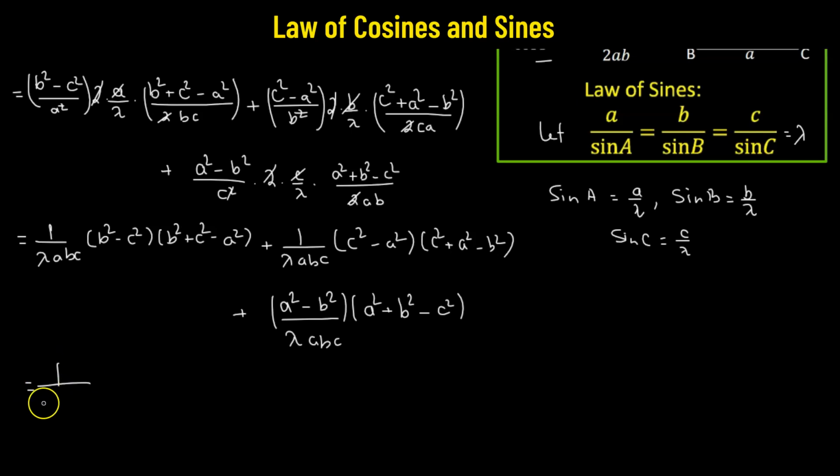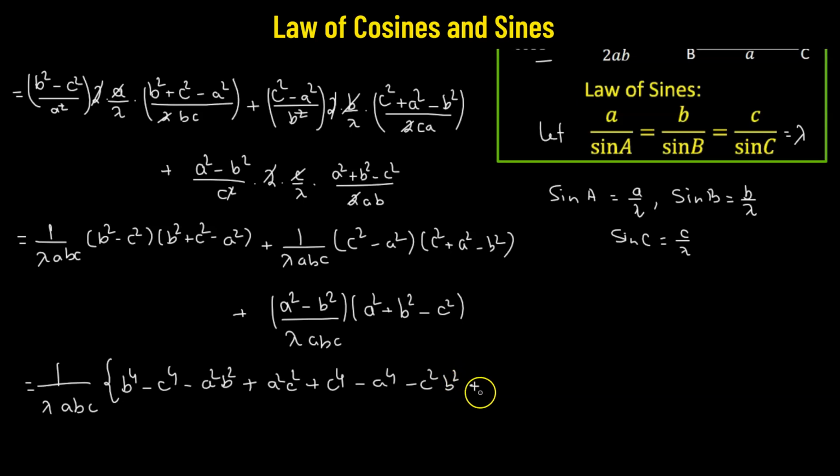So we have 1 over lambda times abc, which we're going to take as a common factor, and we're going to multiply each of the expressions. This now gives us b to the power of 4 minus c to the power of 4 minus a squared b squared plus a squared c squared, plus c to the power of 4 minus a to the power of 4 minus c squared b squared plus a squared b squared, plus a to the power of 4 minus b to the power of 4 minus a squared c squared, and one more term, that's b squared c squared.